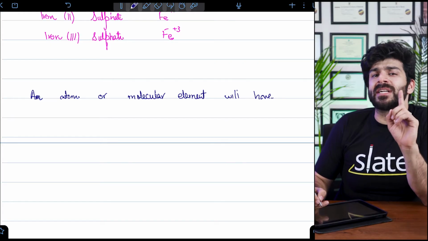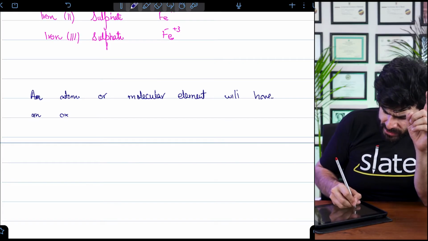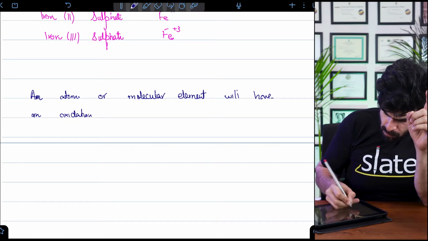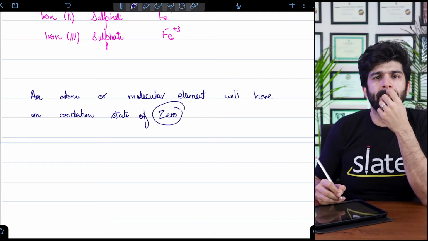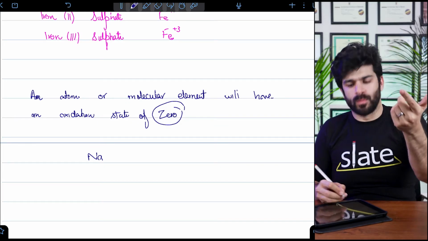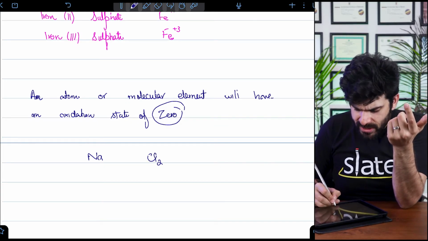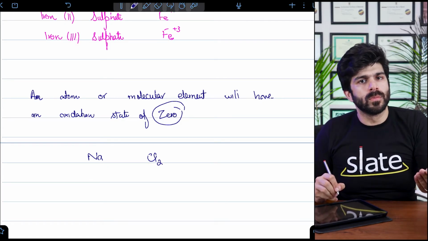Likewise, molecular element does not have a charge. Sodium, if it's just sodium, it's 0. If it's chlorine, Cl2, that's the molecular element, it's 0.